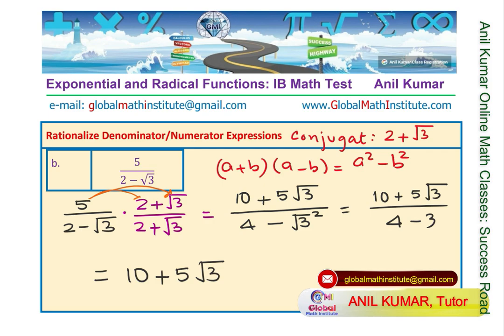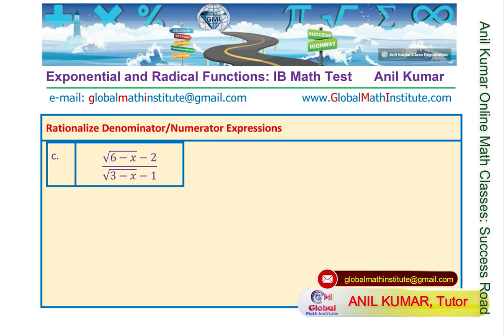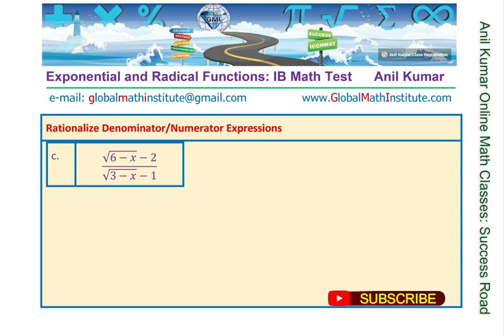Perfect. Simple as that. The last question before you is a really challenging question. Many of the students have not seen this question so far, and the first time they encounter it is normally in the test paper. In this case, what we need to do is to rationalize both the denominator as well as the numerator.